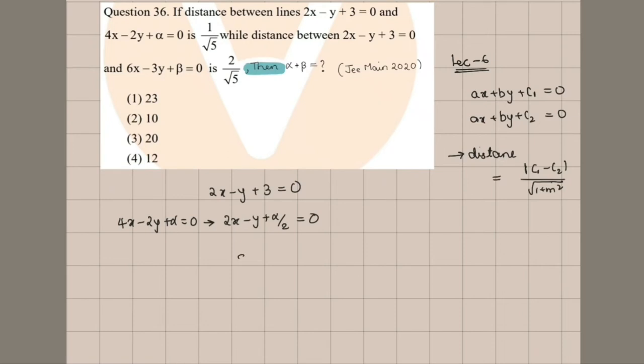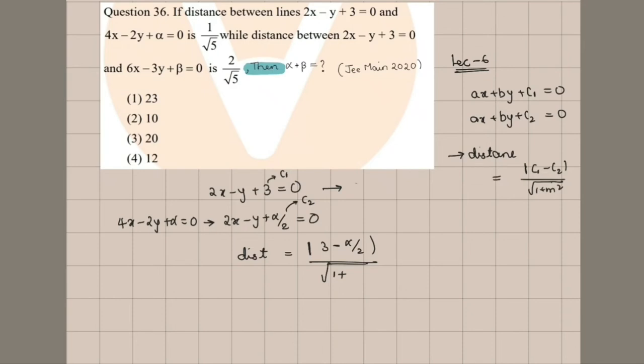So distance equals modulus of 3 minus alpha by 2. This is c1, this is c2, by root over 1 plus m square. What is the slope of this equation?